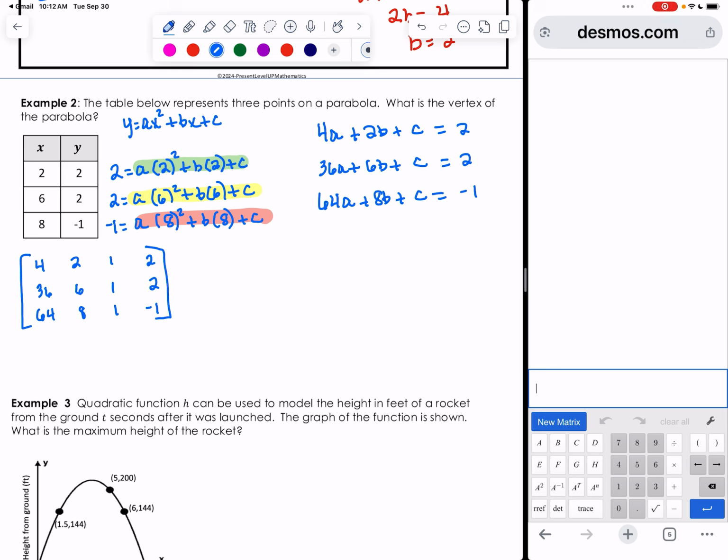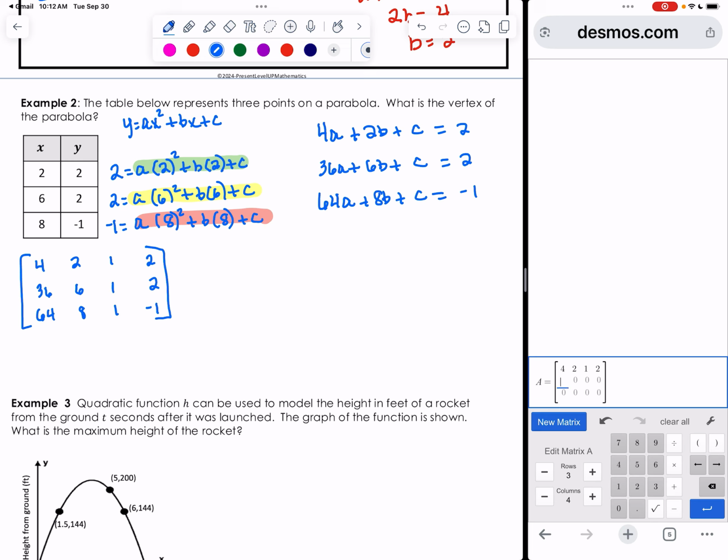Then you come over here to your Desmos calculator, you press new matrix, and you need to put in its size. You want to edit matrix A. So I want to increase the number of rows to 3, and the number of columns to 4. Now, very carefully, you want to enter your coefficients. So 4, side arrow, 2, side arrow, 1, side arrow, 2.